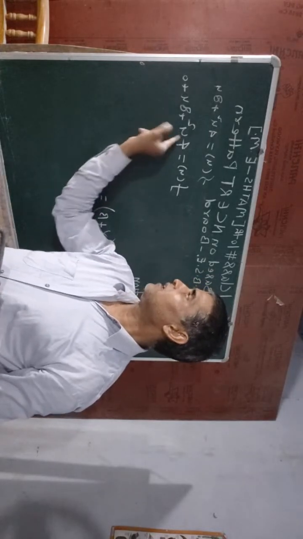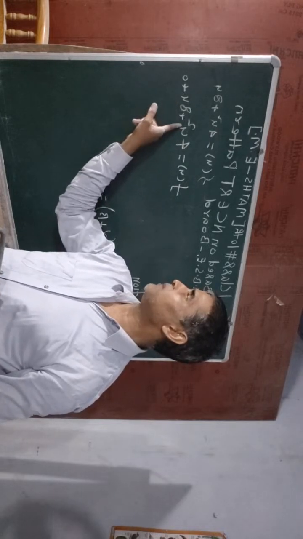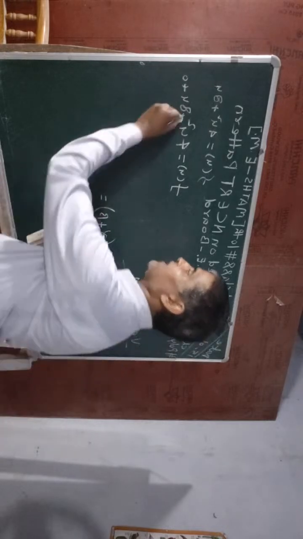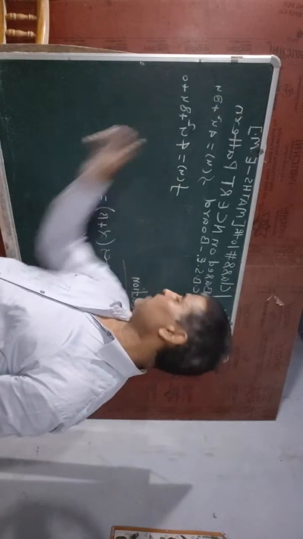The coefficient of u square is 4, the coefficient of u is 8, and the constant term is 0.